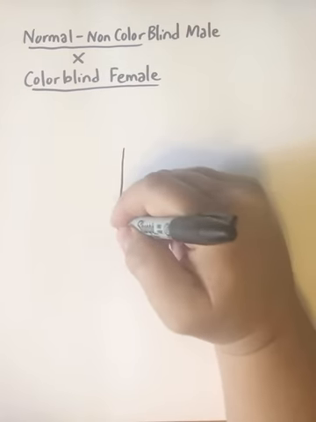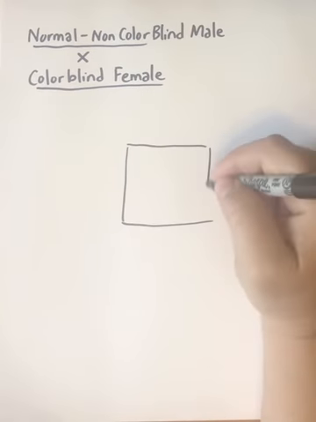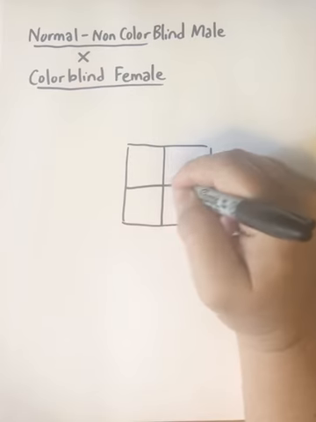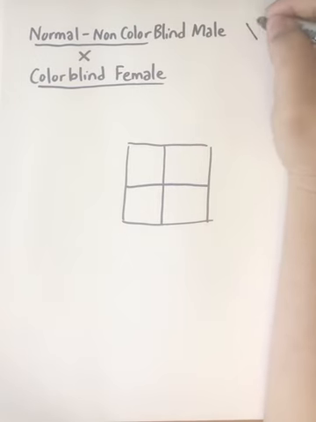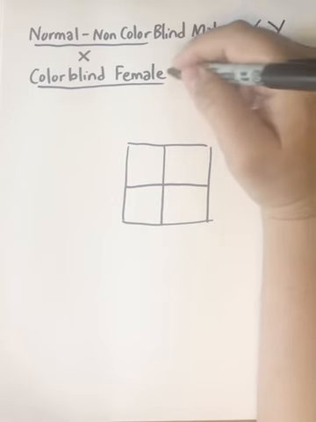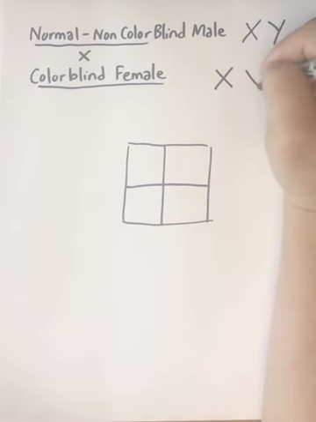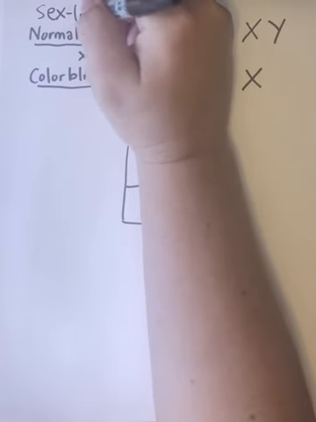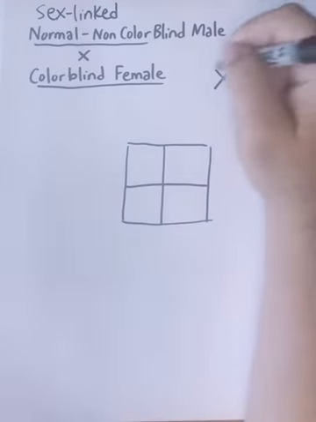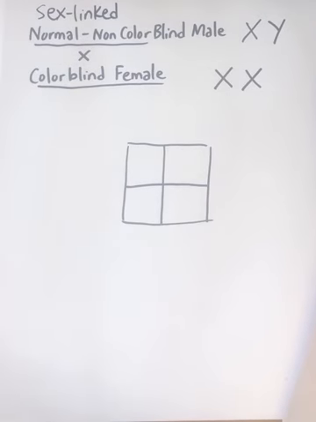So to figure this out, you would basically have to know what you're writing on your sex-linked inheritance. So you could draw out a Punnett square, just like you would with any other cross. And if you have a normal, non-colorblind male, you know that a male is XY. And we know that female is XX. This is sex-linked inheritance, so you always have to write your sex-linked chromosomes. Otherwise, you'll get it wrong.